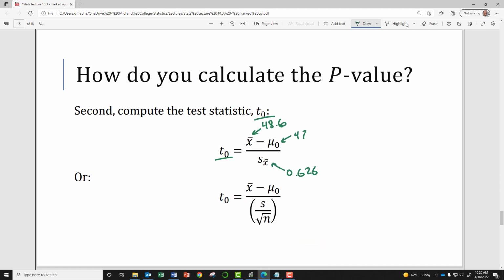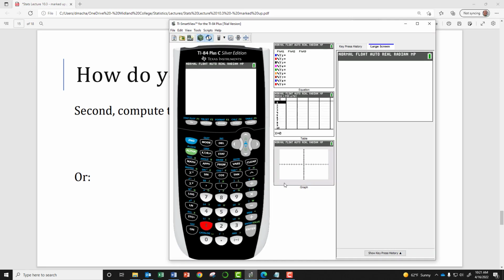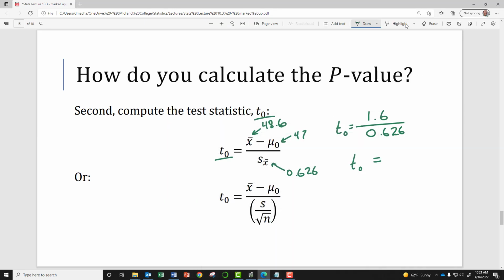So plugging all these in, 48.6 minus 47 would be 1.6 in my numerator, divided by 0.626. And so this value t naught is going to be something a little bit larger than 2.56.